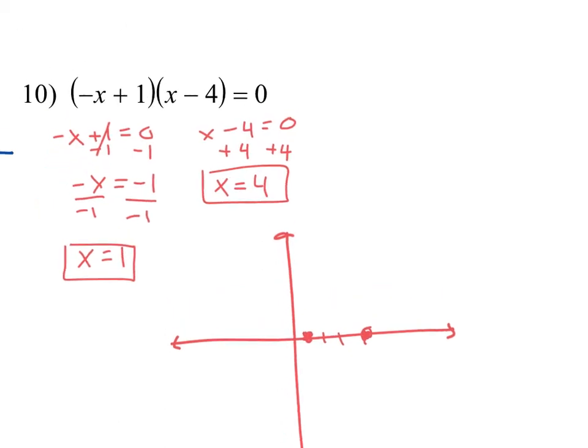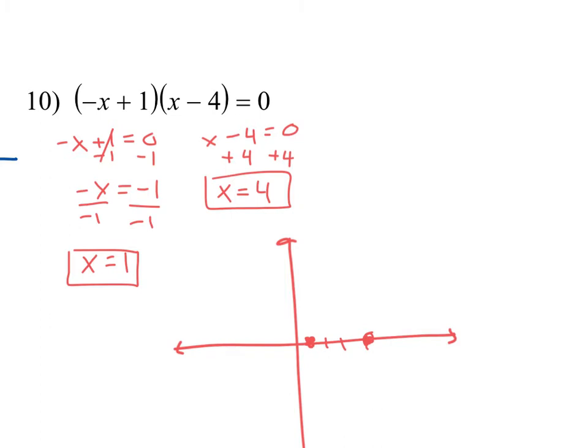Now we need to see our end behavior of our graph. So how many x's do we have in our equation here? We have 2 x's. So this is an x² graph. Do any of them have a negative sign in front? Yep, so this is a negative x² graph. If it's negative, what's our right arrow going to do?